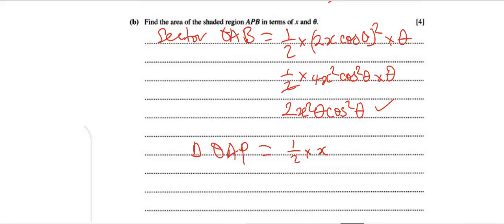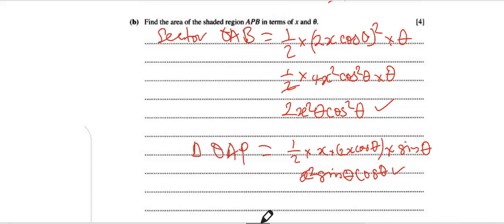So we take x, multiply that by 2x cosine of theta, then multiply that by that angle, so it is sine theta. Then we can simplify this. This becomes x squared sine theta cos theta.